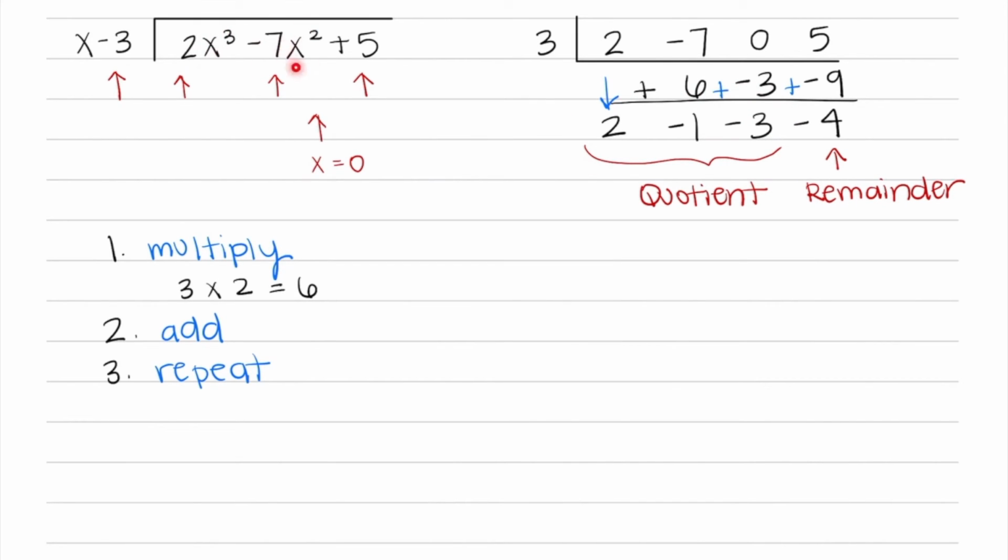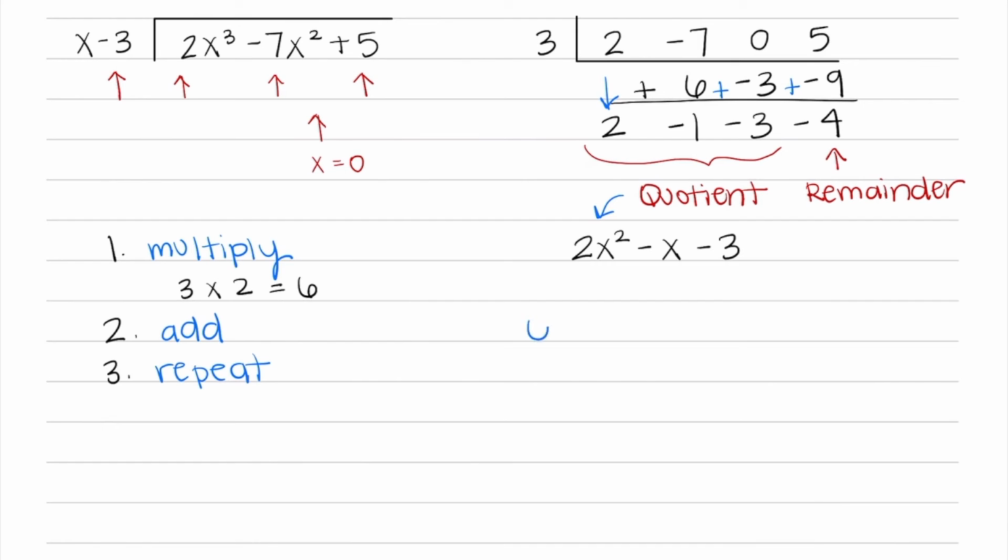We started with the dividend being in cubed form, that 2x cubed minus 7x squared plus 5, and you would always just take out one x since we divided by 1x. So instead of cubed, now we're going to start with x squared, and we'll work down from there. So 2x squared minus 1x minus 3, and that is now our quotient.